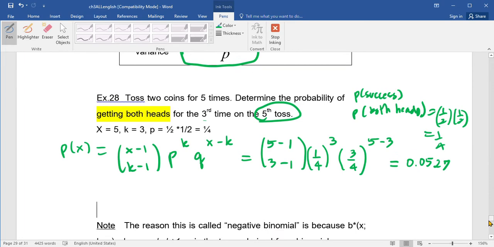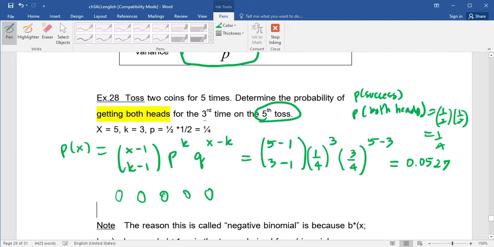Actually, what does it mean here? Toss 2 coins for 5 times. Determine the probability of getting both heads for the third time on the fifth toss. So it means you're tossing 2 coins for 5 times.